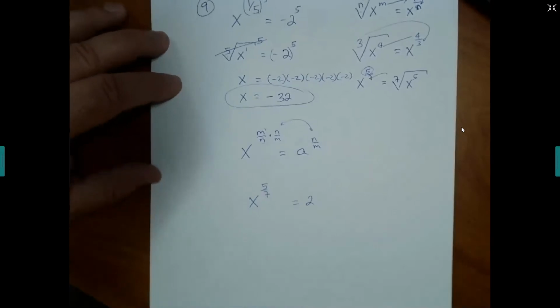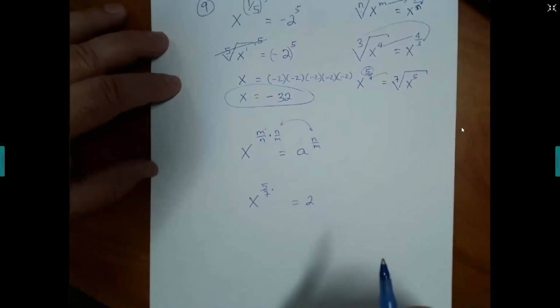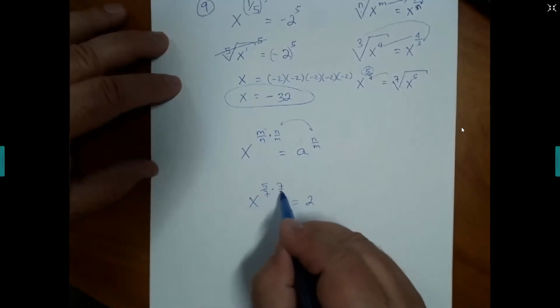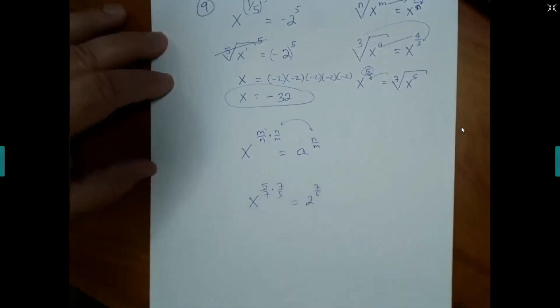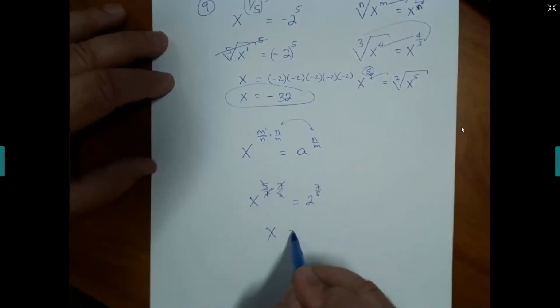So if I had that equation, what do I have to raise it to? To both sides. The 7s cancel and the 5s cancel. So we just have X.